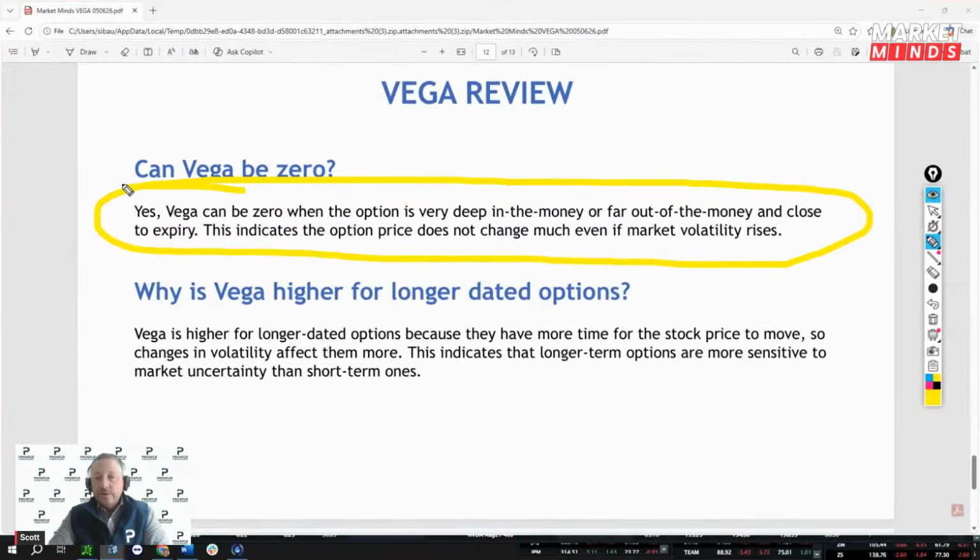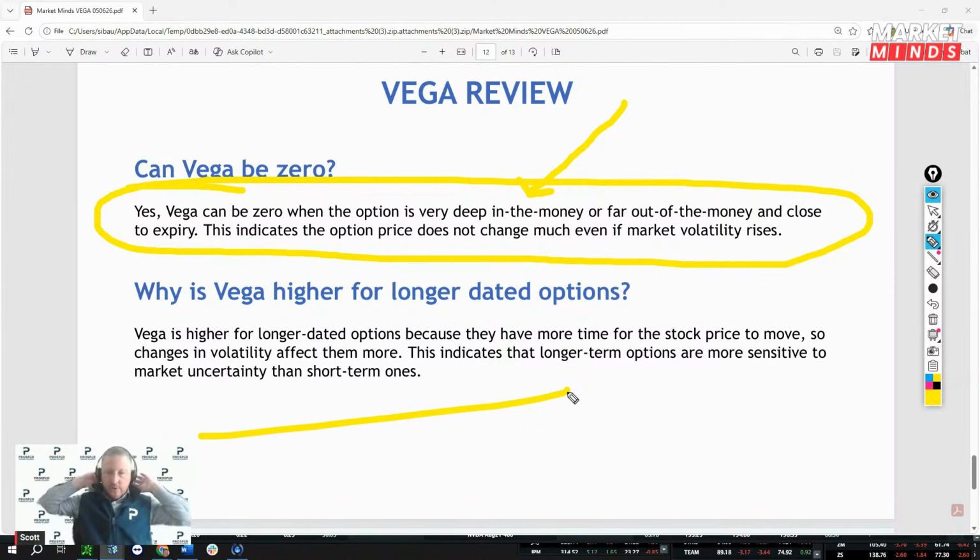The answer is no. So that is why if you have a really, really deep in the money option that has a delta close to 100, just like what your stock position would be, there's no volatility risk to that. There's no Vega risk. And then again, Vega is higher the longer you go out in time.